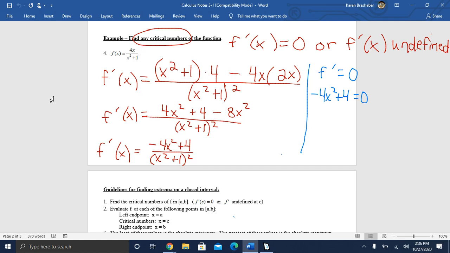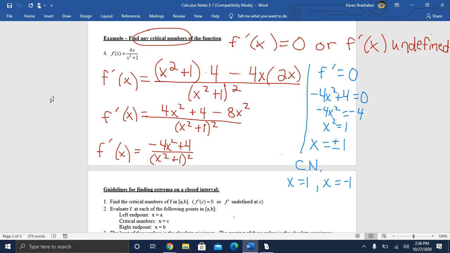One way would be to subtract the 4 and divide by negative 4 to get x squared equals 1, and then do the square root. Remember that when you square root, you get two answers, so positive and negative 1. So there we have found two critical numbers, x equals 1 and x equals negative 1.